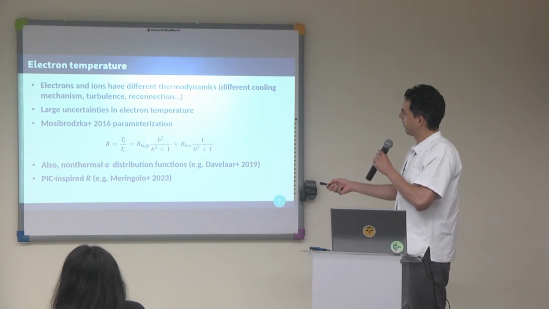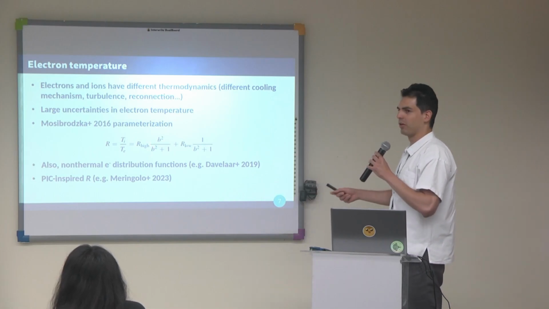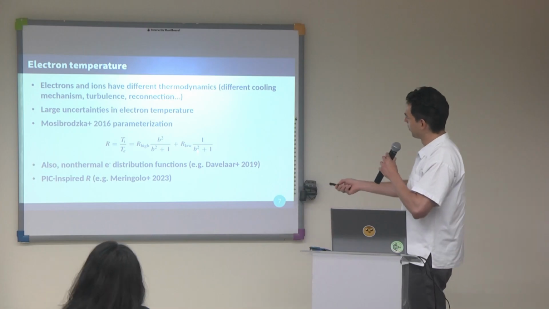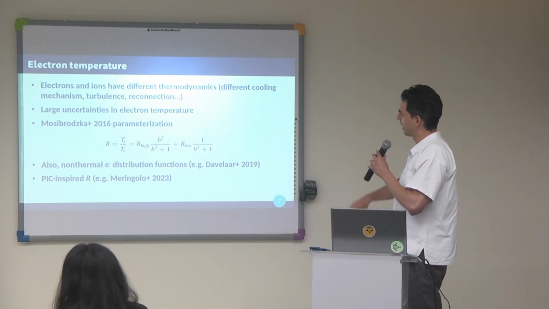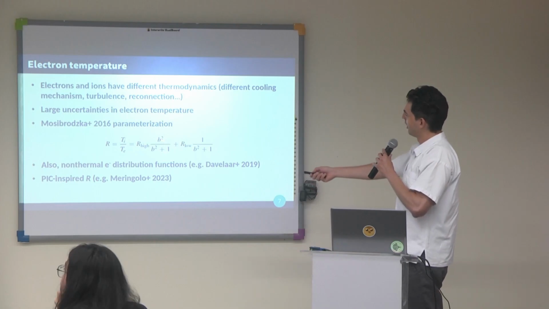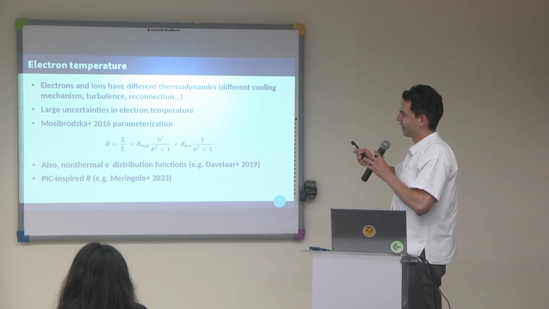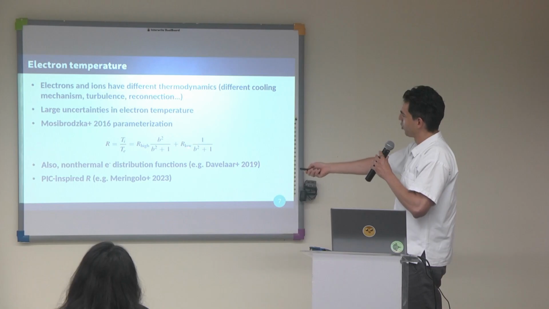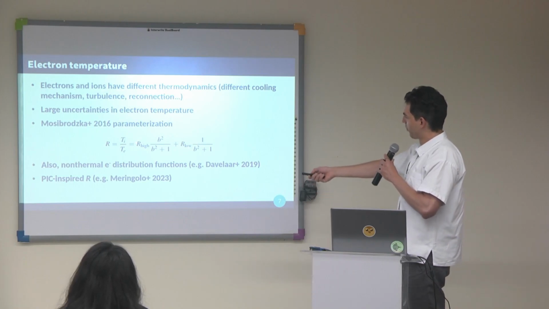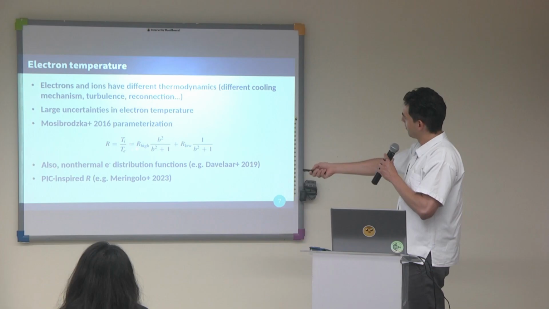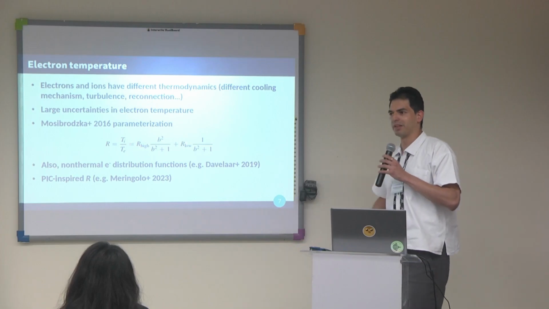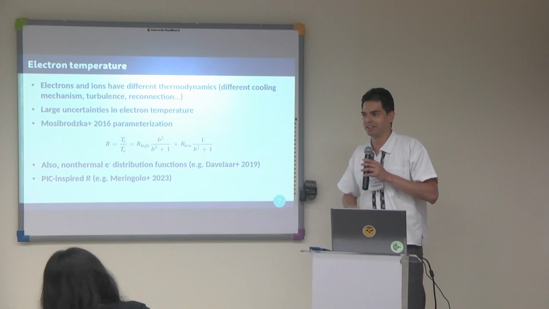And then we define a value for this ratio for regions of high magnetization and a value for this ratio for regions of low magnetization. And then this formula interpolates between regions that have the value defined for high magnetization and the value defined for low magnetization. So these parameters, R high and R low, are free parameters that need to be constrained by observations in general.